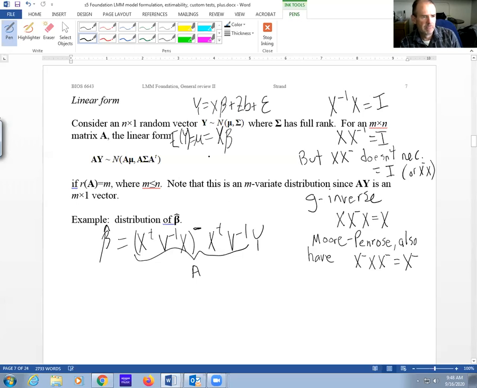And the variance of y. Remember that one? Z G Z transpose plus sigma squared.